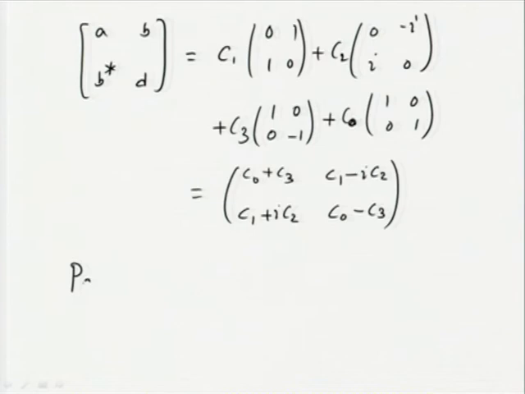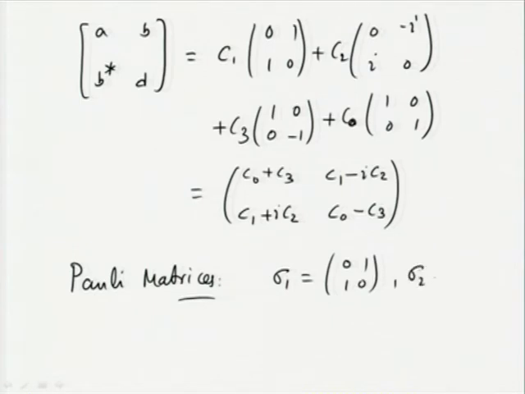They are called the Pauli matrices. Pauli matrices: sigma 1 is 0 1 1 0, sigma 2 is 0 minus I, I 0, sigma 3 is diagonal 1 minus 1.